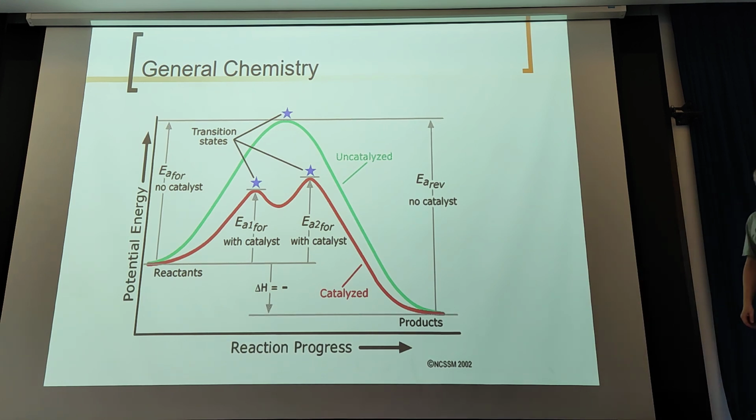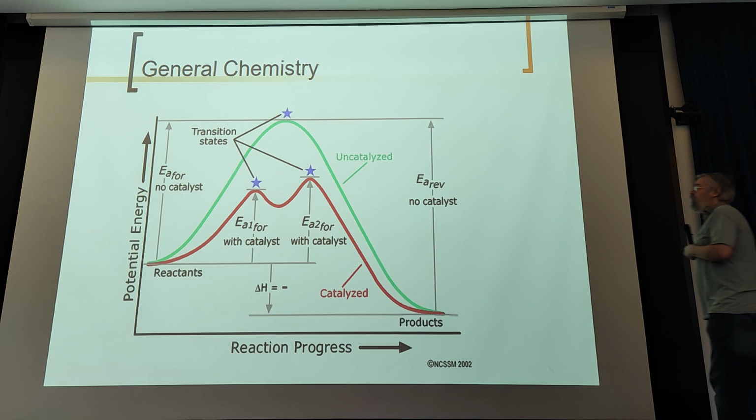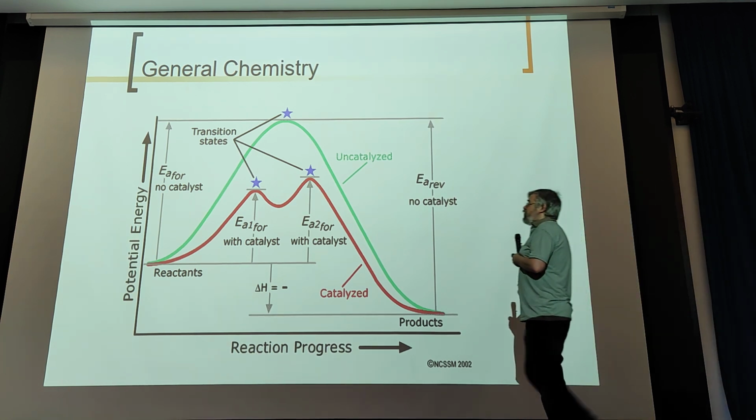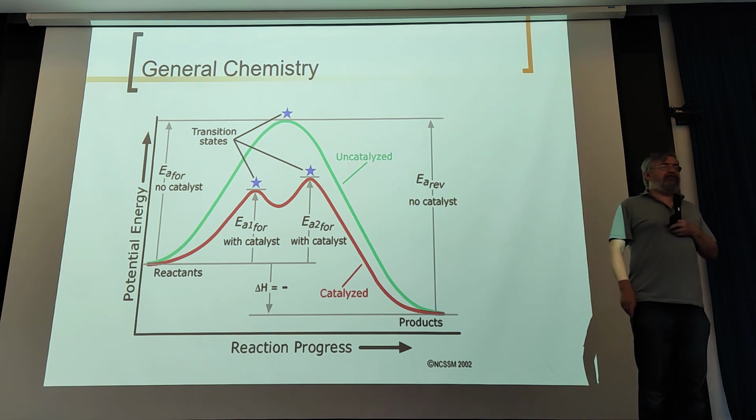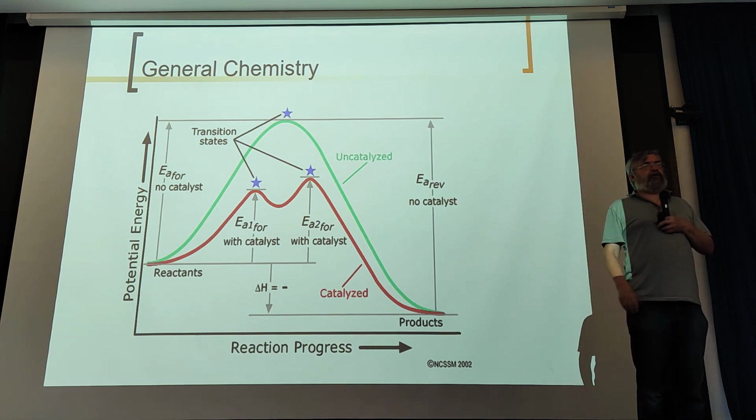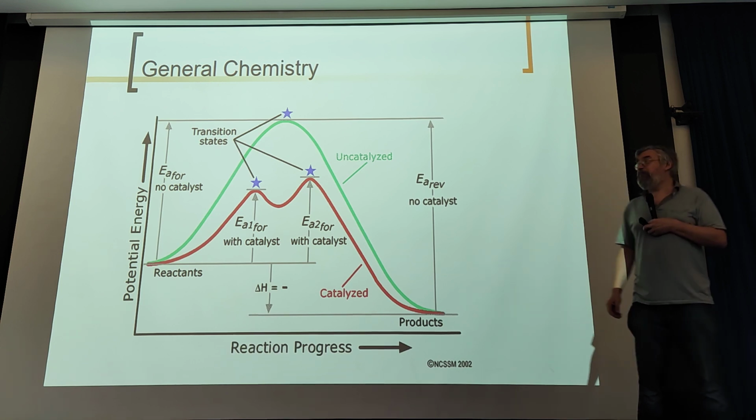Now the red line is the one where you involve a catalyst. There might be several intermediate steps, like the example we showed before. But these intermediate steps, each of them have small activation energies, much smaller than the uncatalyzed one. So that means now we found a way to go in a faster way to the final product.